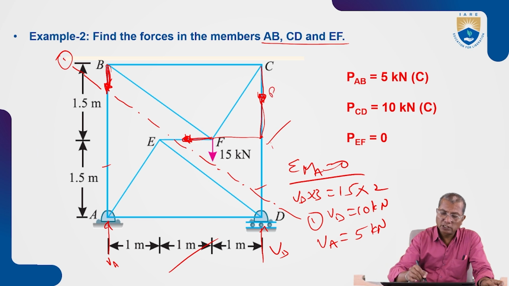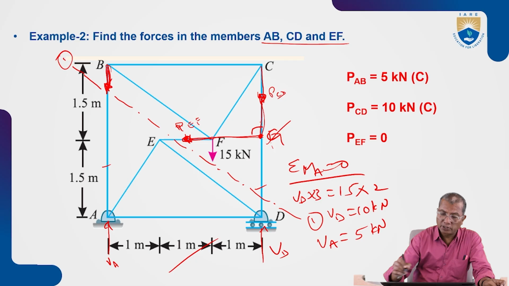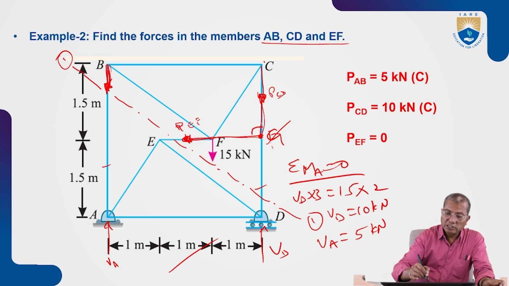That is generally the point of intersection of two forces, PCD and PEF. These two intersect at a point, which we call G. FG is perpendicular to CD, and CG is 1.5 meters.